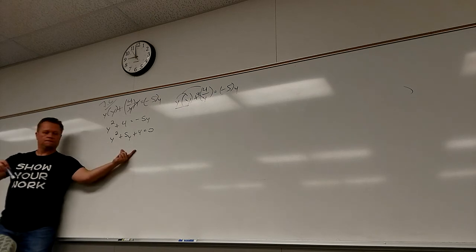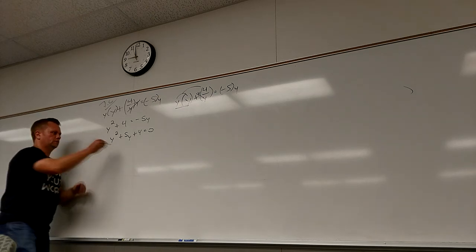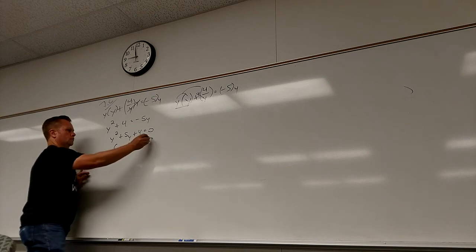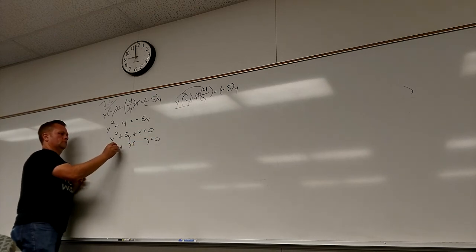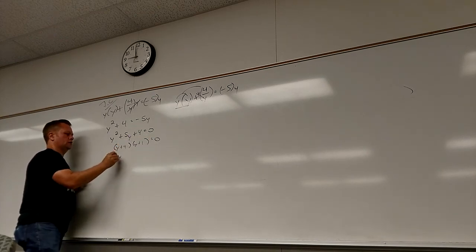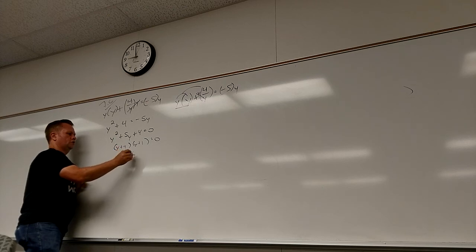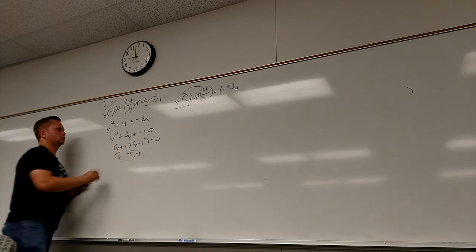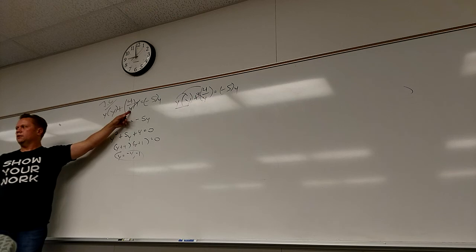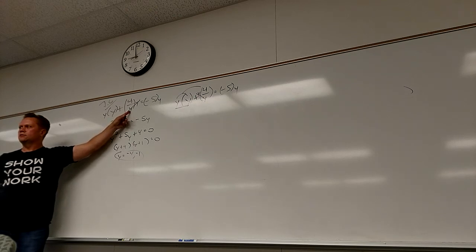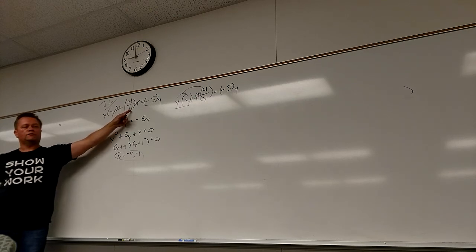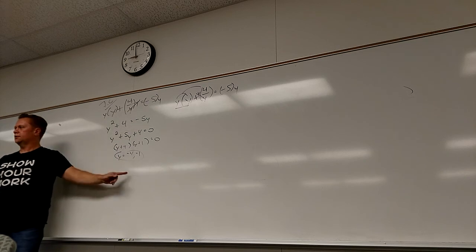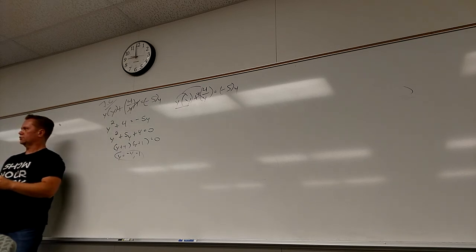And now I do what? Factor. So y is -4 or -1. Cool. Does either one of those make it undefined? The only thing that would make it undefined is if y was 0, and I didn't get that. So both of those are valid.